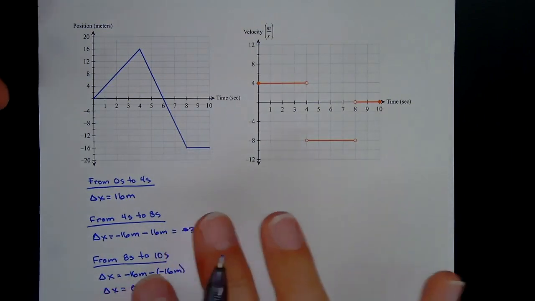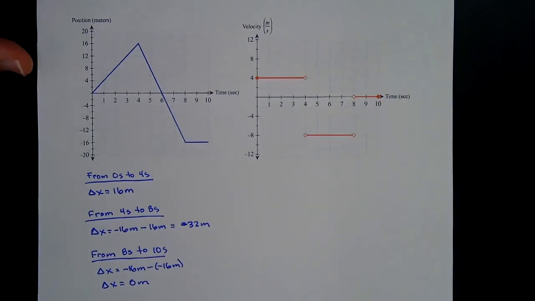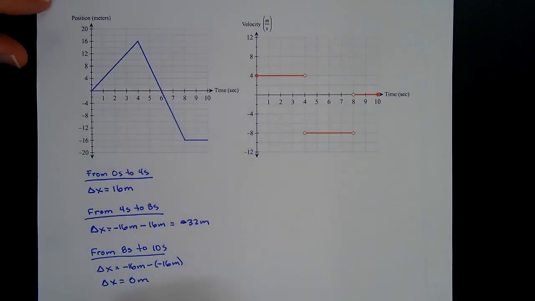Okay, so the overall displacement from 0 to 10 seconds, which is what we're really trying to find here, would be the 16 meters plus the negative 32 meters plus the 0 meters. Now, what does that give us?